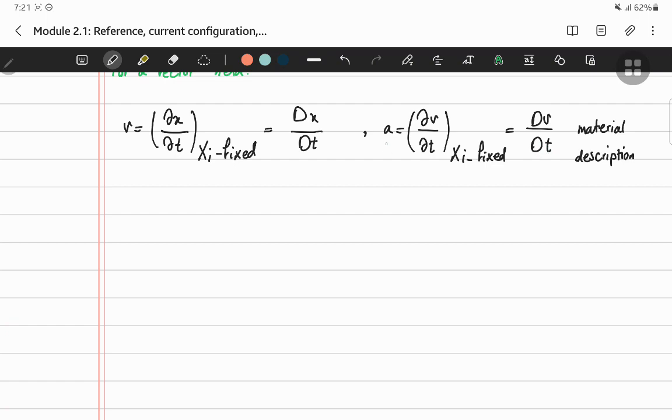But what if you want to get dv dt, where v is of course a vector, in spatial coordinates?